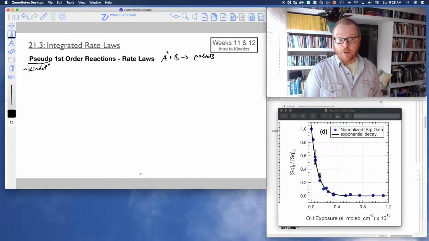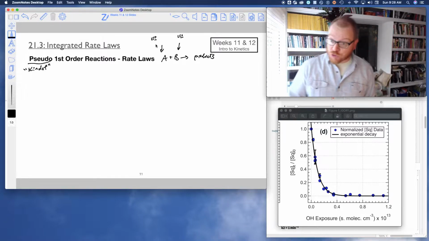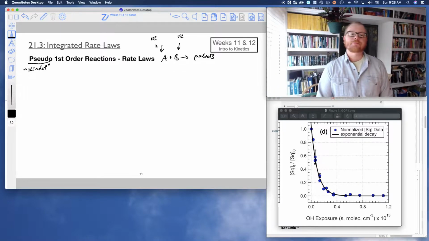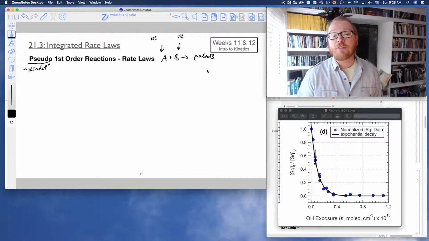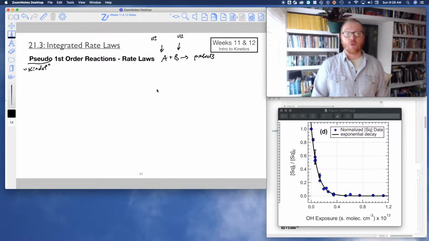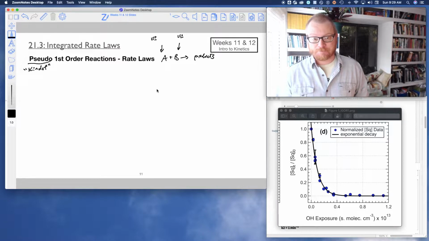okay? So suppose we have a reaction that's first order in A and first order in B, giving us a true second order reaction. As it turns out, these reactions are pretty difficult to do experimentally, because you'd have to monitor the concentration of both A and B simultaneously.